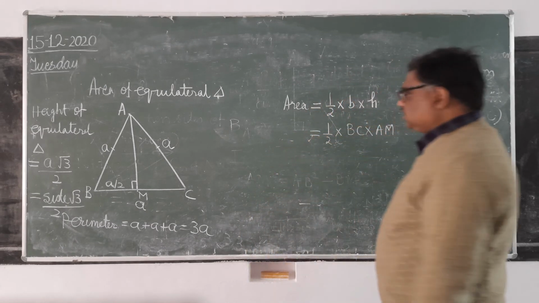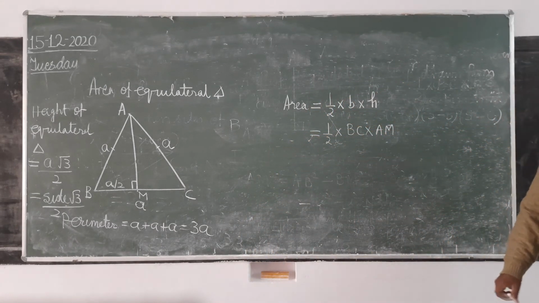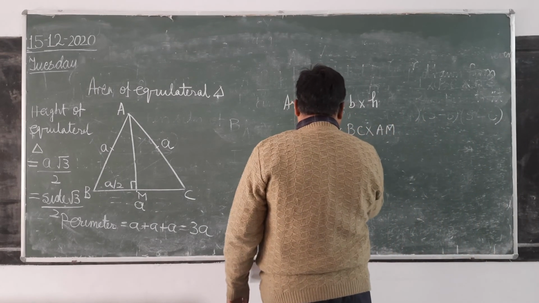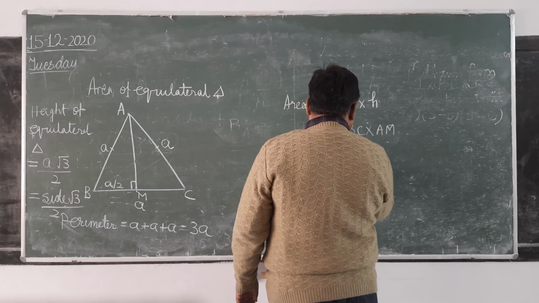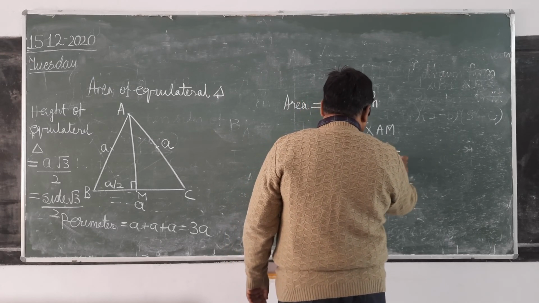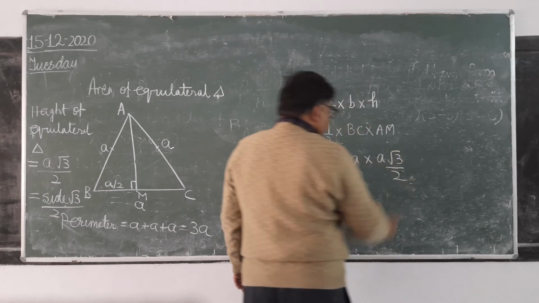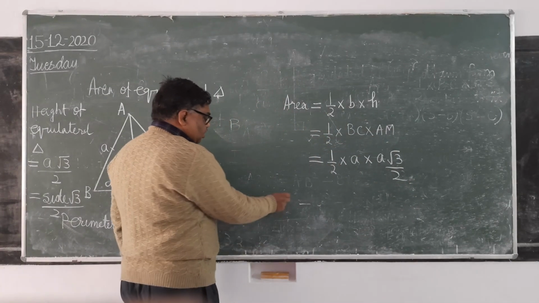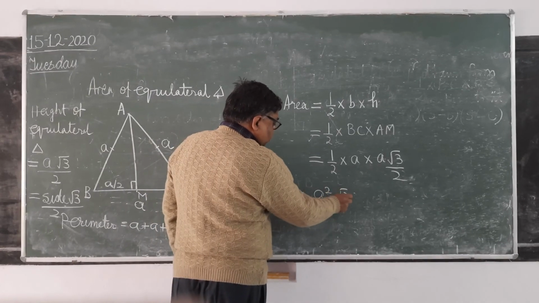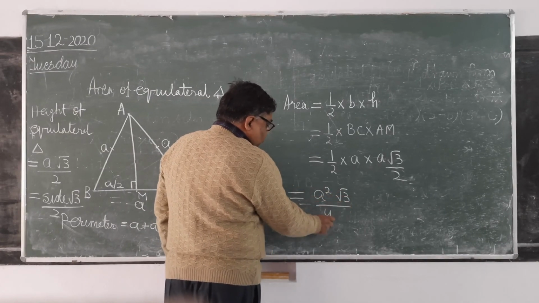BC equals A, and AM is A root 3 upon 2. When you simplify, it will be A square root 3 upon 4.